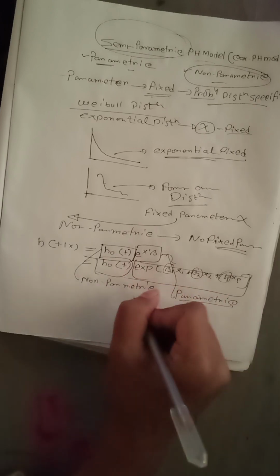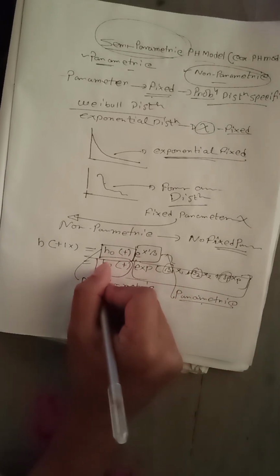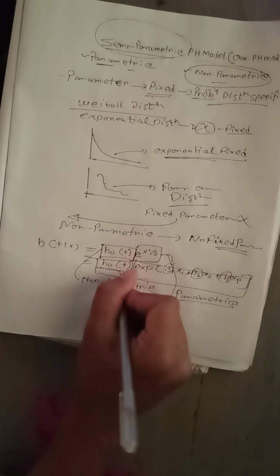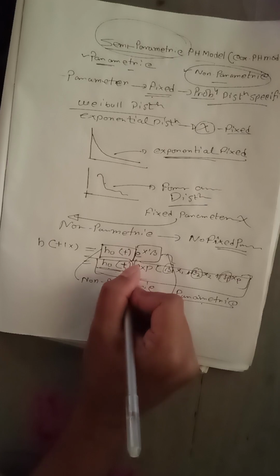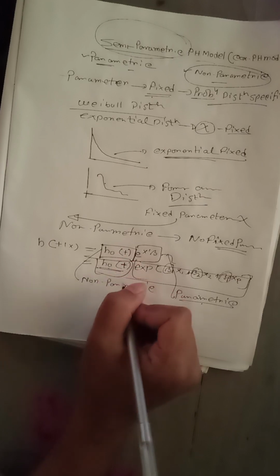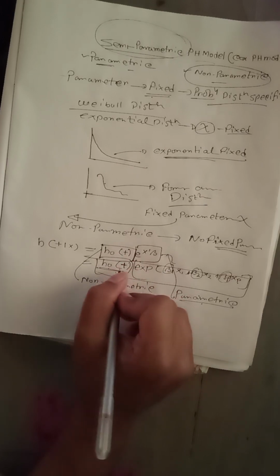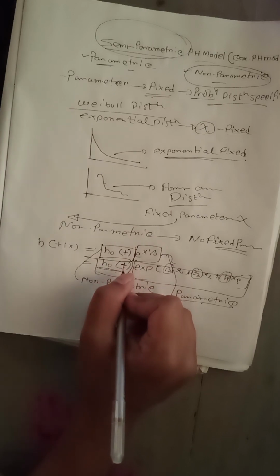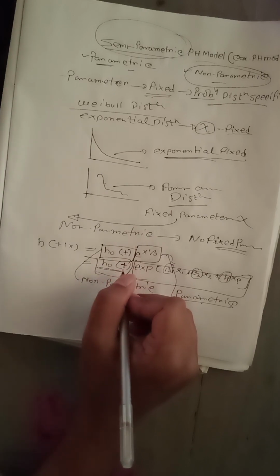And what is not fixed? If you look at this, h naught of t is the baseline hazard, and this baseline hazard has no fixed parameters. Here t does not follow any specific distribution. When t creates a distribution, it will be totally unknown. Yes, it has a distribution, but the distribution is unknown.